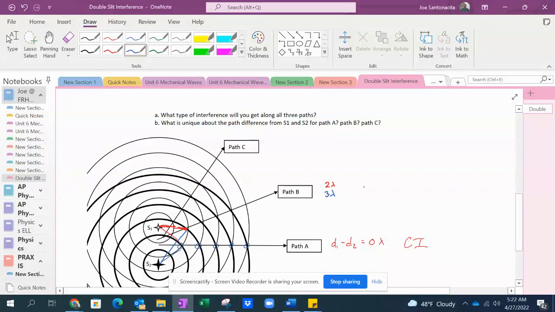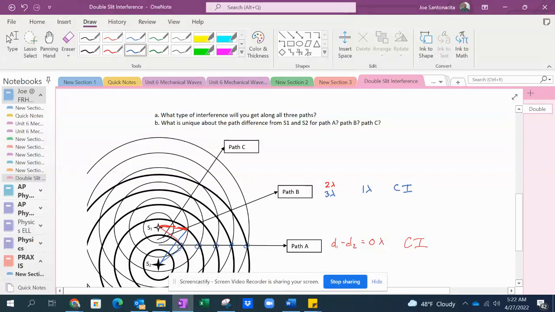So the difference between all those points of constructive interference, you will have a one wavelength difference. S2 has to travel a little extra distance, and that extra distance it has to travel is equal specifically to one wavelength more than path 1.